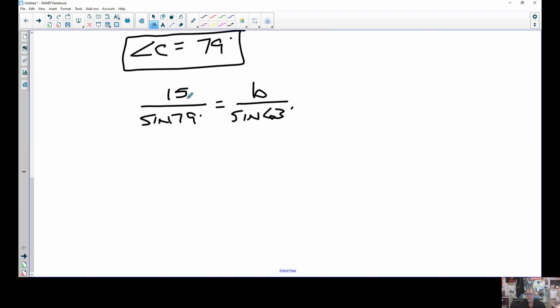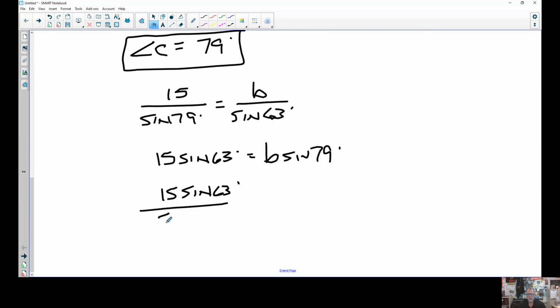This is a proportion, so I can just cross multiply. I would have 15 sine 63 degrees equals B sine 79 degrees, which makes B equal to 15 sine 63 degrees over sine of 79 degrees. Now, going to my calculator, make sure your calculator's in the right mode.